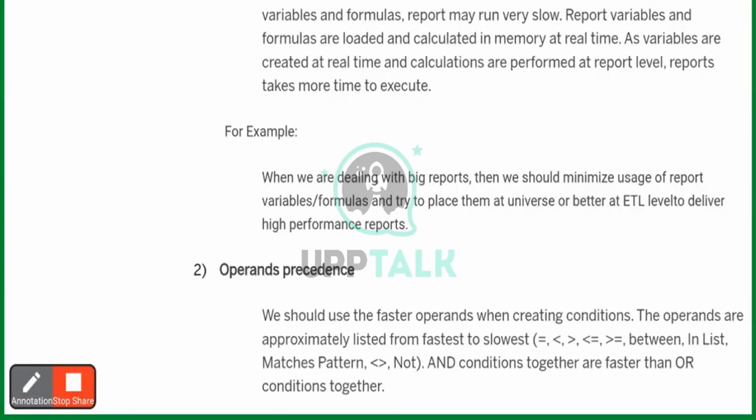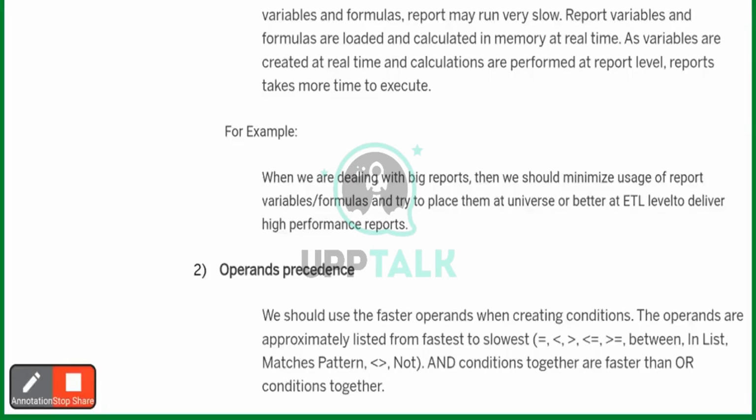First, we have to check the report. If there are many variables and many formulas being used in multiple places across multiple reports, we can decide this is the issue, and because of this we are getting the performance problem.